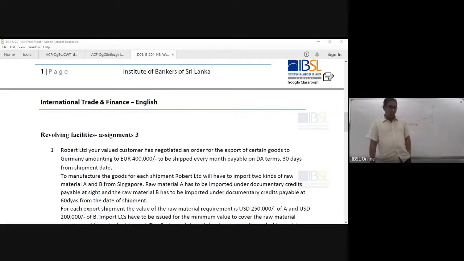Therefore, revolving usance facility. Usance facility is equal to LC outstanding, 80,000 into 2 at the rate of 160, the converted rate being given underneath, is equal to 25.6.